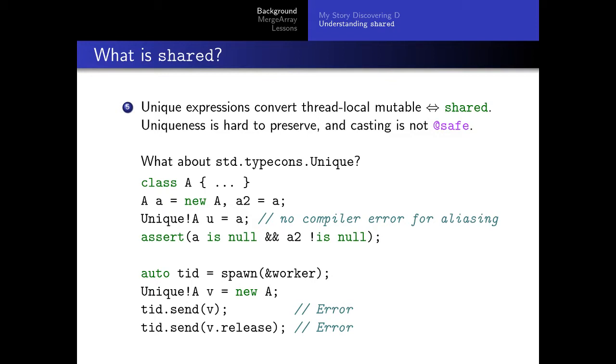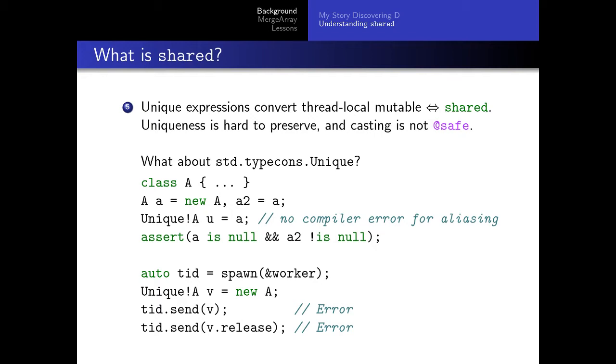Also, one other downside with unique is that it doesn't mesh with std.concurrency. If you create a worker and you have an actually unique value in a unique struct, then you can't send that unique struct directly or do v.release, which gives you the value and erases the original.